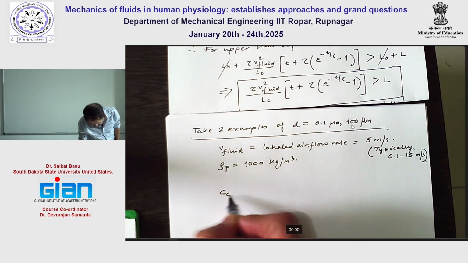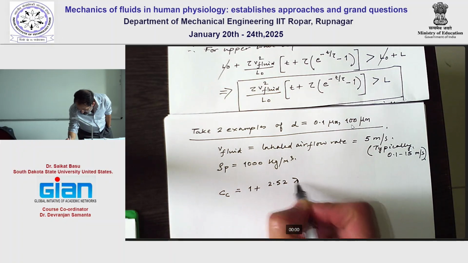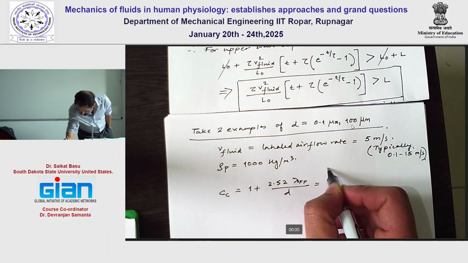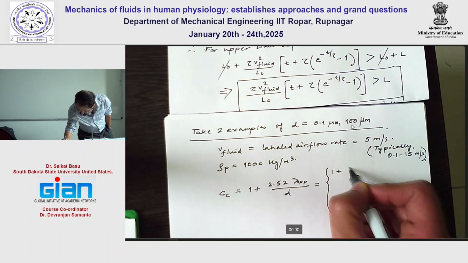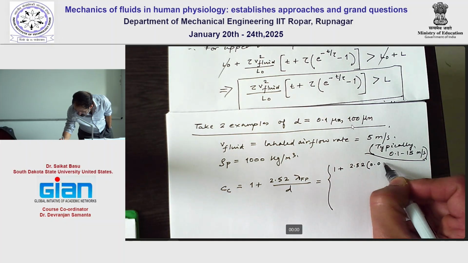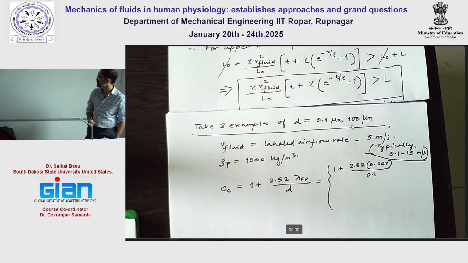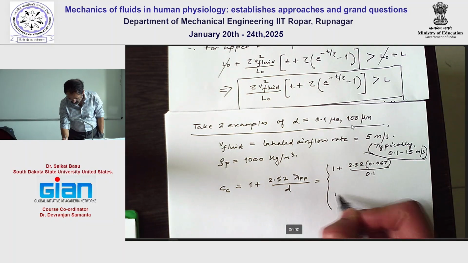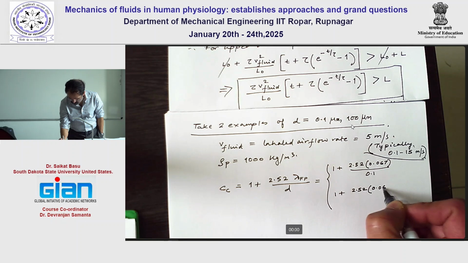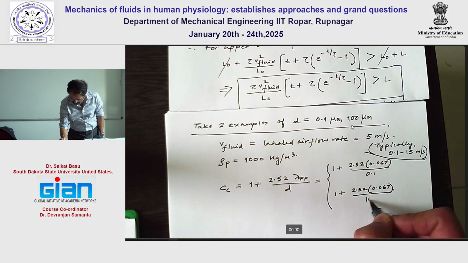So CC is 1 plus 2.52 lambda, the mean free path, divided by D. So this is 1 plus 2.52 times 0.067 by 0.1 for the first particle, and 1 plus 2.52 times 0.067 by 100 for the second particle.